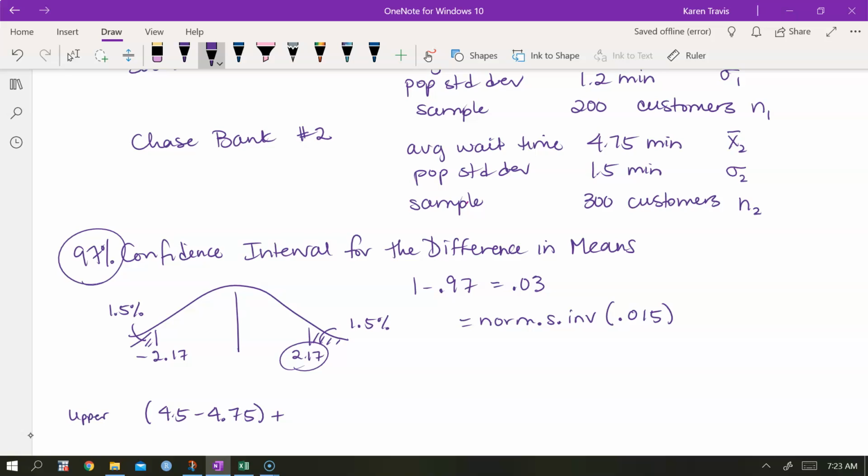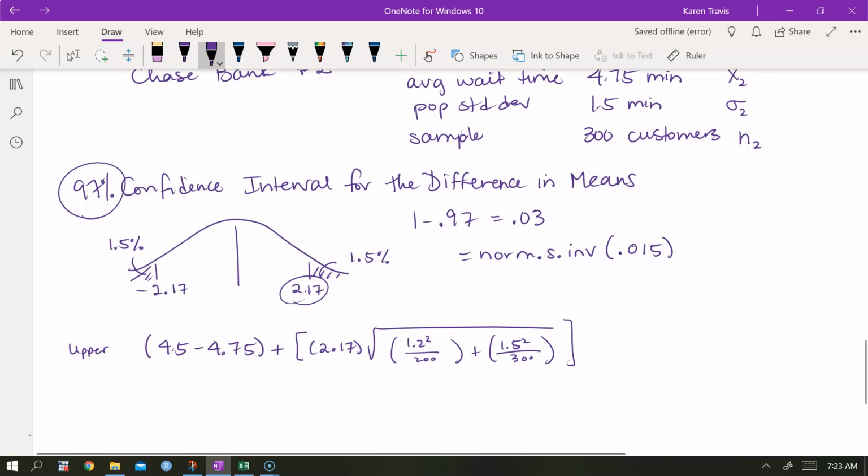If we're doing the upper, we need to add 2.17, multiplied by the square root of population standard deviation number 1 squared over 200, and population standard deviation number 2 squared over 300. And then we work this out.